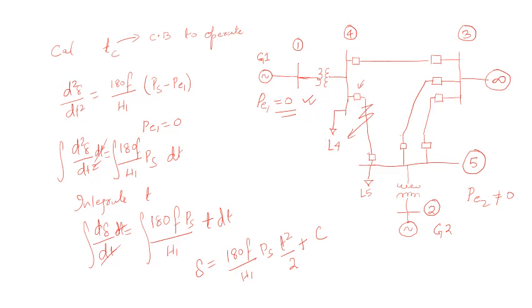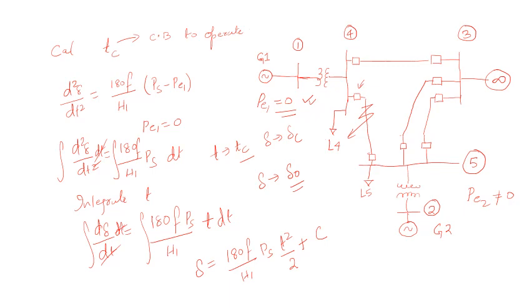How will we find the initial condition? When t tends to the critical clearing time tc, delta tends to the critical clearing angle delta C. At the initial condition, delta goes to delta 0. This is the initial angle at which you are operating.